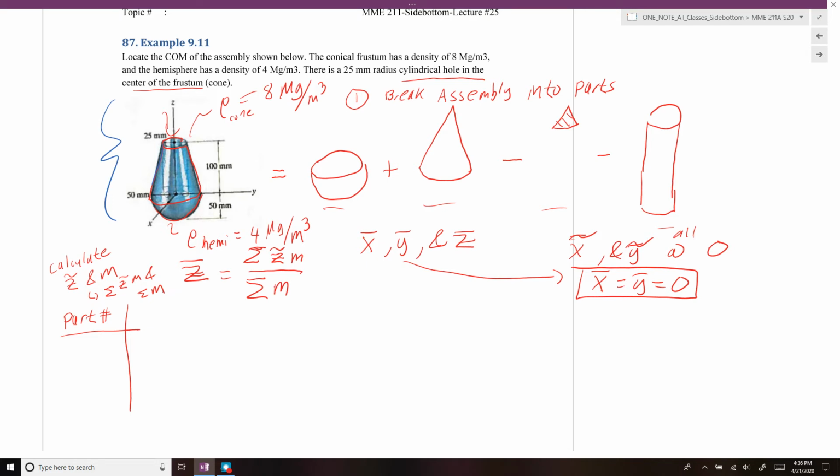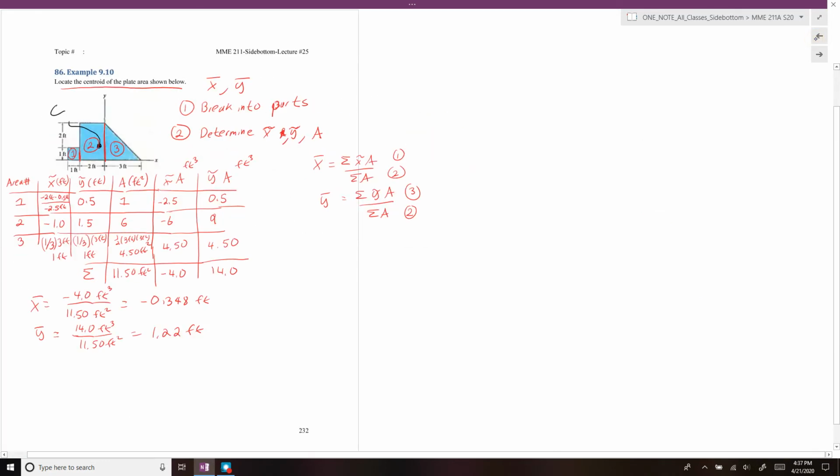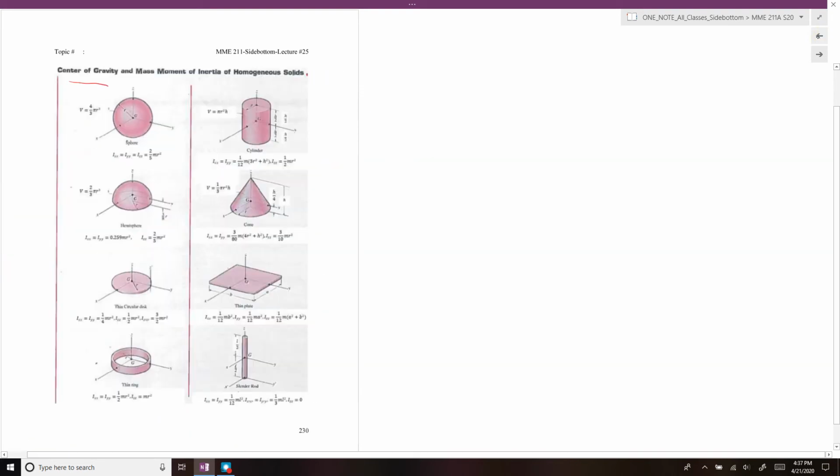Okay, so for the first part, which is our hemisphere, z tilde, we go back to our table.